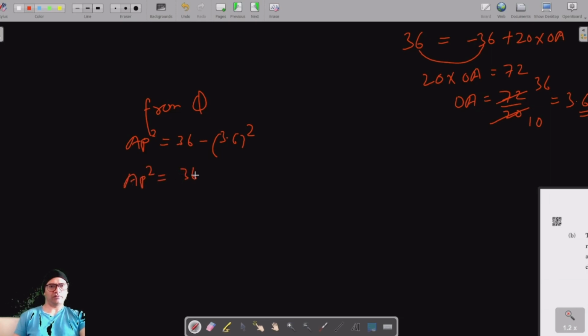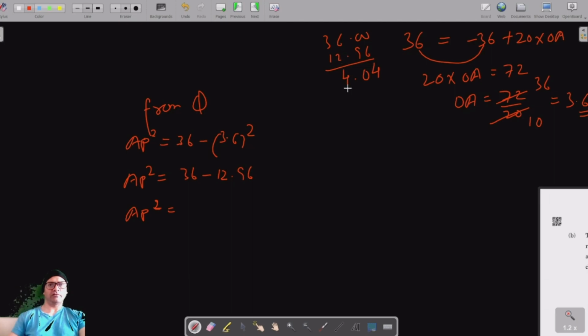So AP square is equal to 36 minus 3.6 square, which is the square of 36, that is 1296, which will be 12.96. So AP square is equal to 36 minus 12.96, which will give us 23.04.